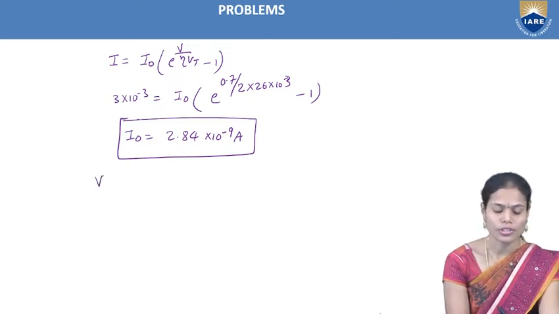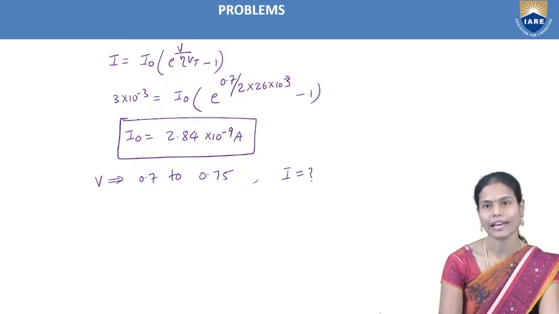Then when the voltage is changing from 0.7 to 0.75, how much current do we need to calculate?